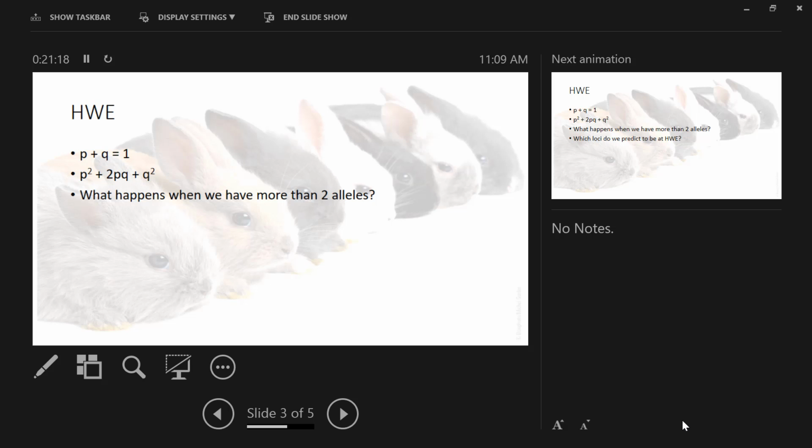Here's where the questions start to get really interesting. Not what happens when we have more than 2 alleles, because it's like, okay, well, we'll just do the same thing. But which loci would we predict to be at Hardy-Weinberg equilibrium? So we've talked about several different areas of variation in the human genome.